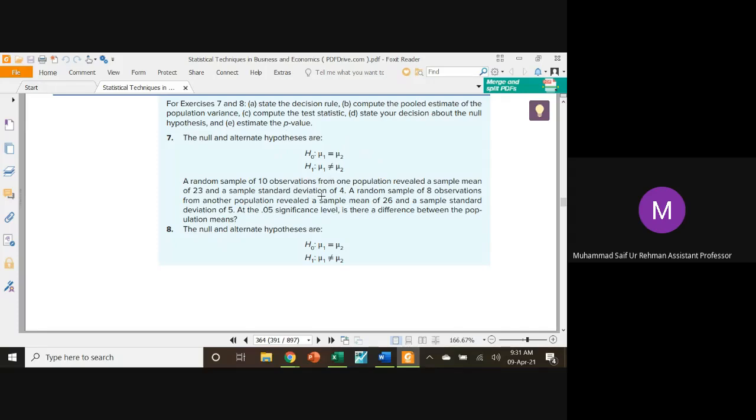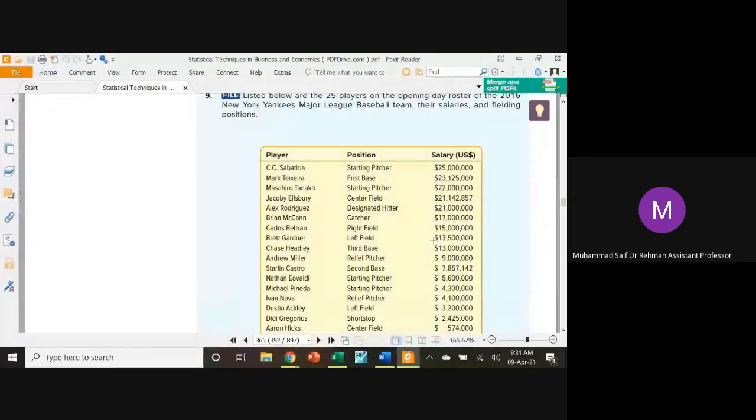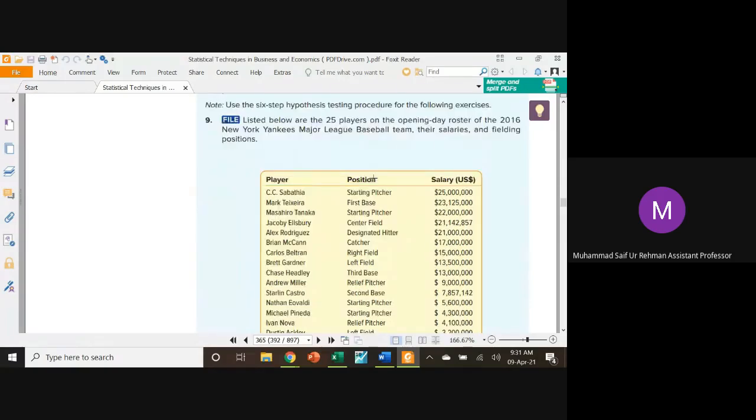Everything is ready-made, everything is given. There is no need of any calculation that we did in the self-review. But in these questions, you have to find out the values that are required to be substituted in the t formula. So you may see this question.